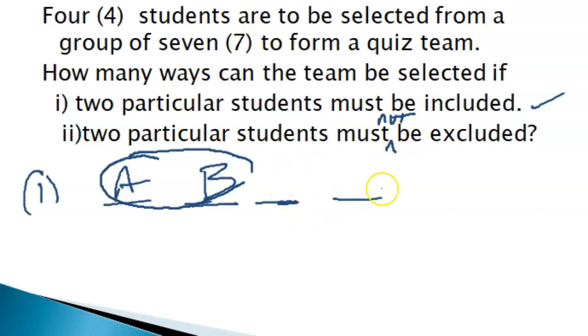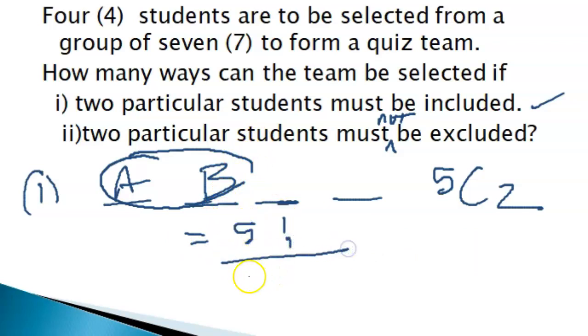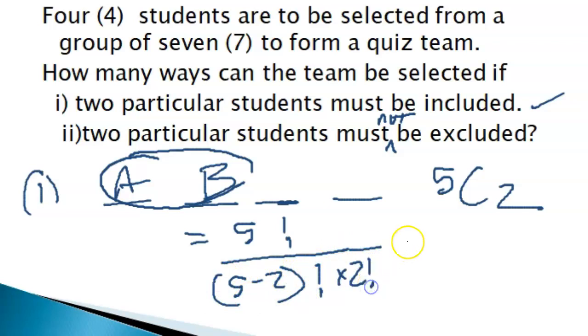So the concept of this will be 5 choose 2, because the order would not matter. So 5 choose 2 is equal to 5 factorial over 5 minus 2 factorial times 2 factorial.